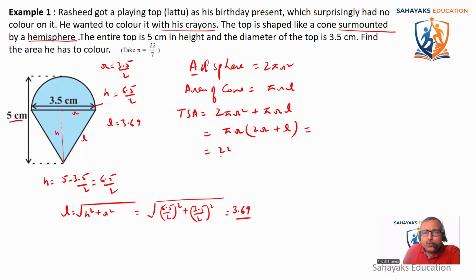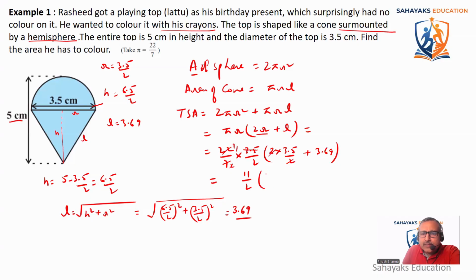It is 22 by 7 into r. Radius was 3.5 divided by 2. And 2 into r is 3.5 divided by 2 plus L. L we have found is 3.69. Okay, and when we compute this, it comes out to be 11 divided by 2.